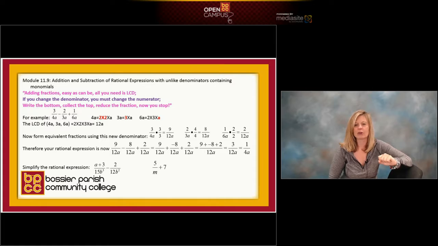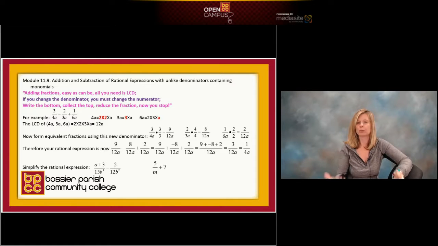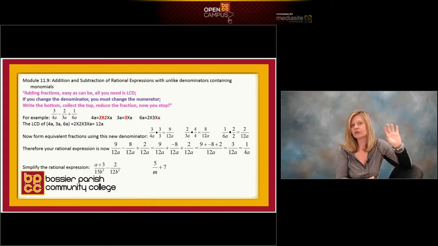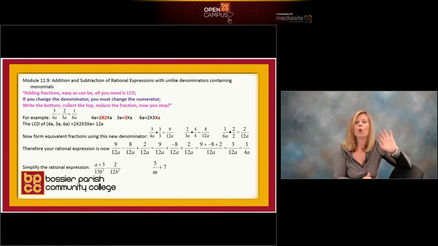The next denominator, the original was a 3a, and I'm making the new one become a 12a. What do you multiply 3a by to make 12a? You multiply by 4. So now I'll take my numerator 2 and multiply it by 4, and that's where I'll get my equivalent fraction 8 over 12a. My last fraction, my old denominator is 6a, my new denominator is 12a. What do I multiply 6a by to make 12a?